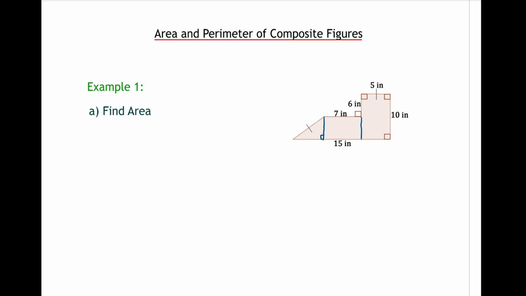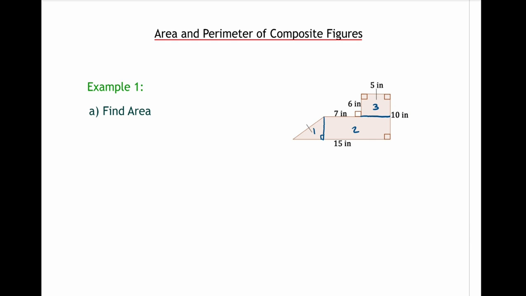Again, it's all based on what information is given to you. Maybe you have fewer calculations depending on which way you decide to do it, but in the end it should be the same. So I'm just going to draw it like this to draw out my shapes. We'll label them 1, 2, and 3.